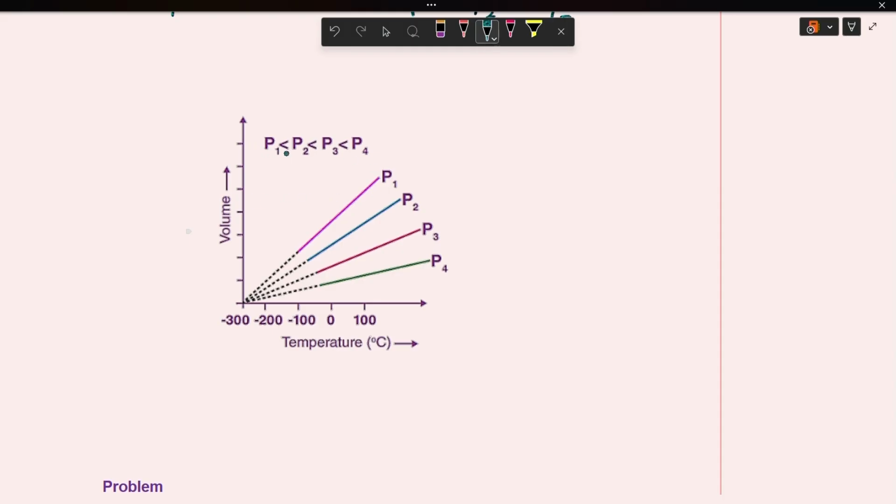P1 is less than P2, less than P3, less than P4. So, the lowest pressure is P1 and correspondingly you will have higher volumes. At P4, the pressure being higher, you have lower volume values. So, they are all straight lines. This is a proof to show that Charles' law is true.